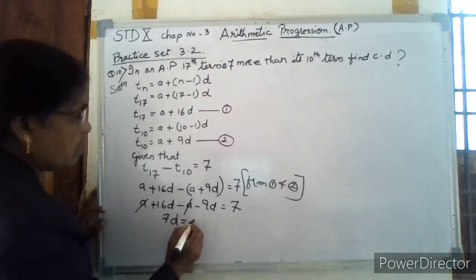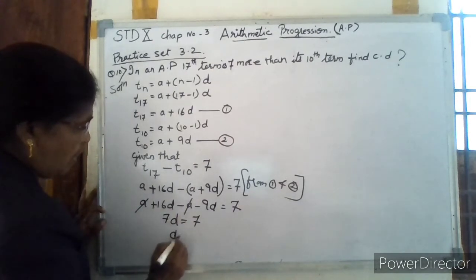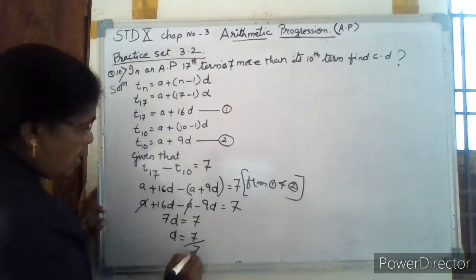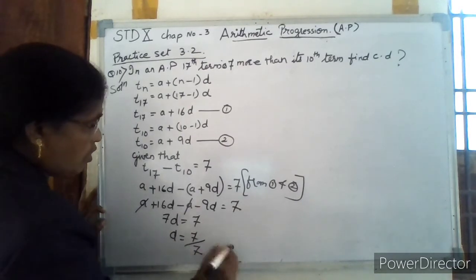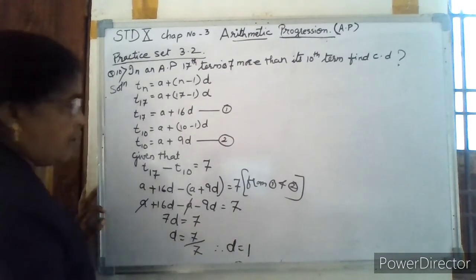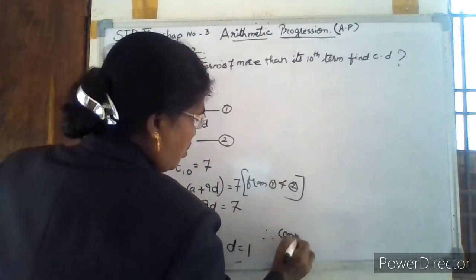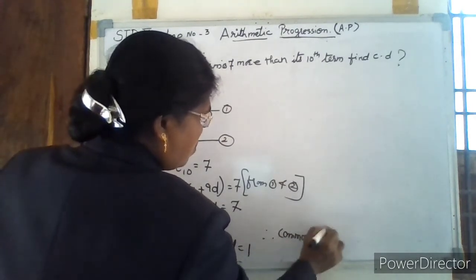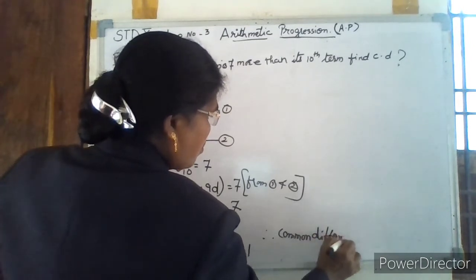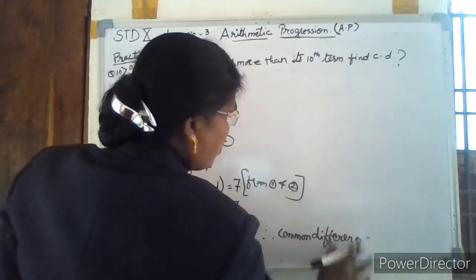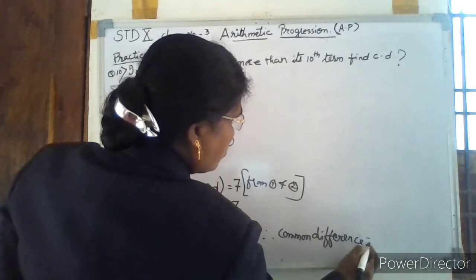So, d value is equal to 7 by 7. Therefore, d is equal to 1. Therefore, the common difference is equal to 1.